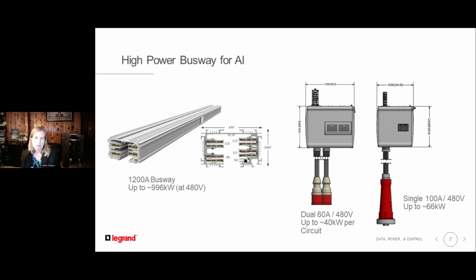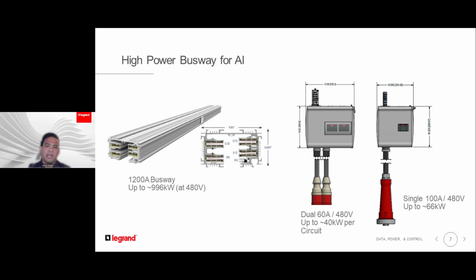Yeah, so I think to future-proof your busway design, you really have to look at the life cycle of the data center, right? We're seeing the life cycle of the data center roughly in that 10 to 15 year range. And so when you're planning to design your data center, plan for that amount of time.